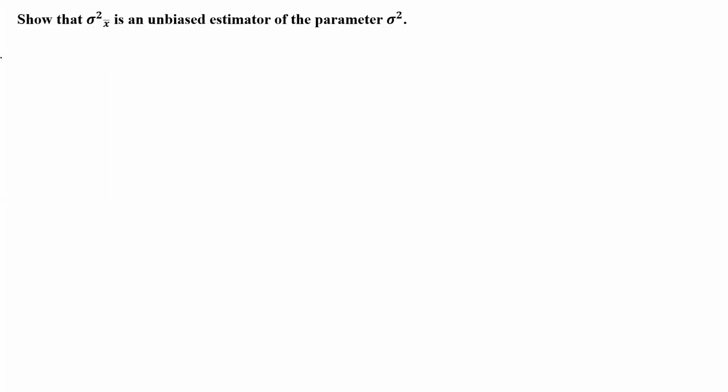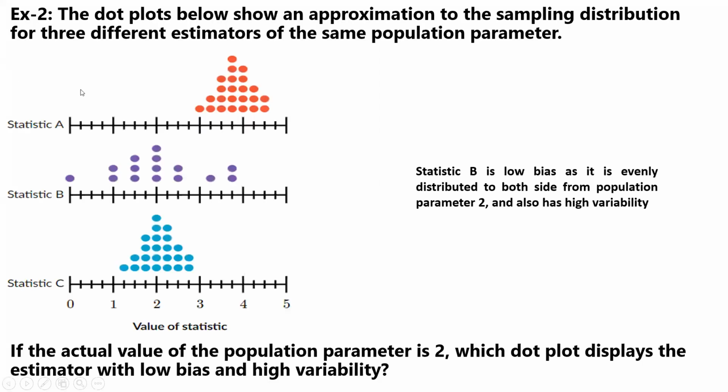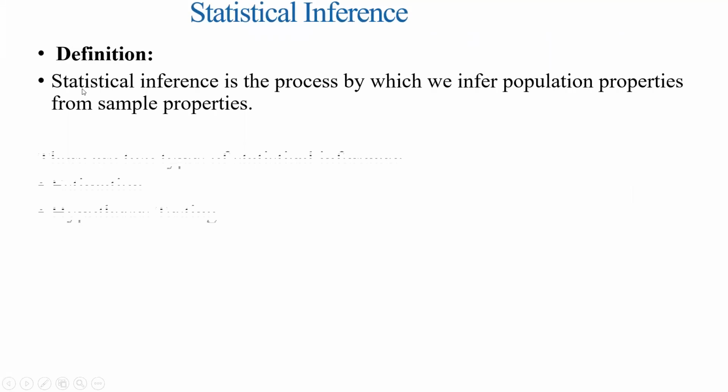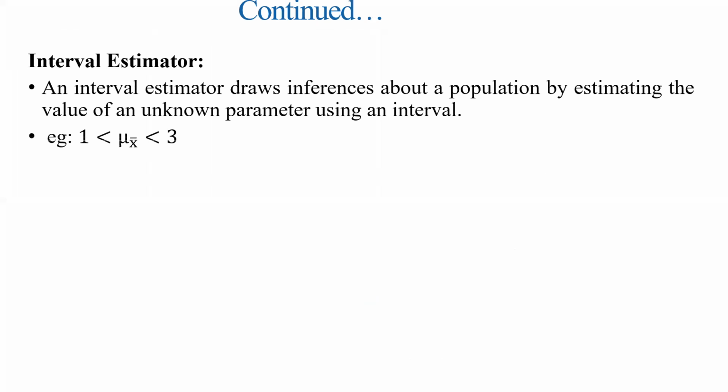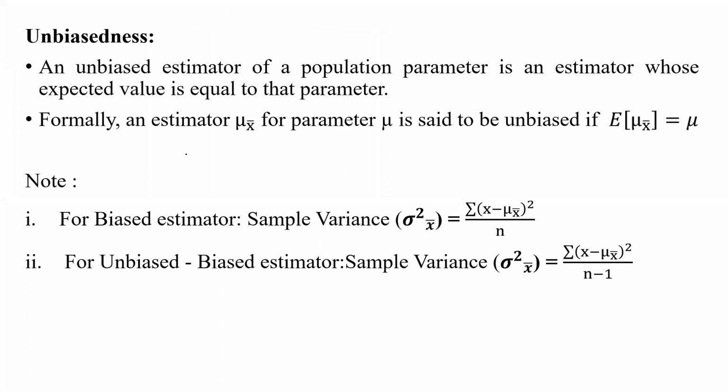Because we are dealing with the unbiased estimator here, we just quickly see the definition of unbiased estimator. An unbiased estimator of a population parameter is the estimator whose expected value, this is important, is equal to that parameter.